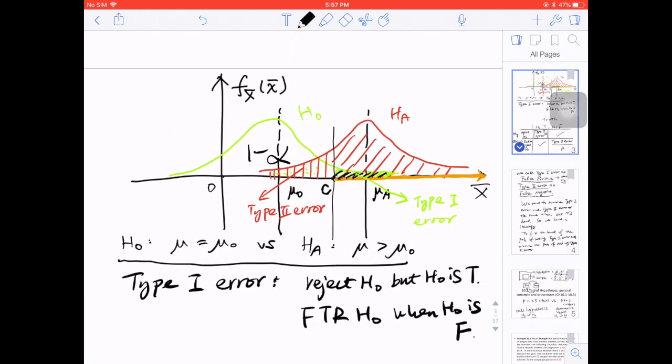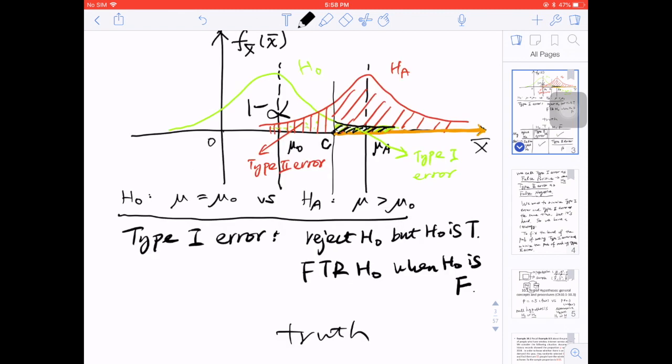So let's go back to this plot here. It means we need to fix this rejection region, and then we'd like to minimize the left-hand side, which is the area of the type 2 error. So how can we do this? We're going to set the probability that you reject the null hypothesis when the null hypothesis is true.